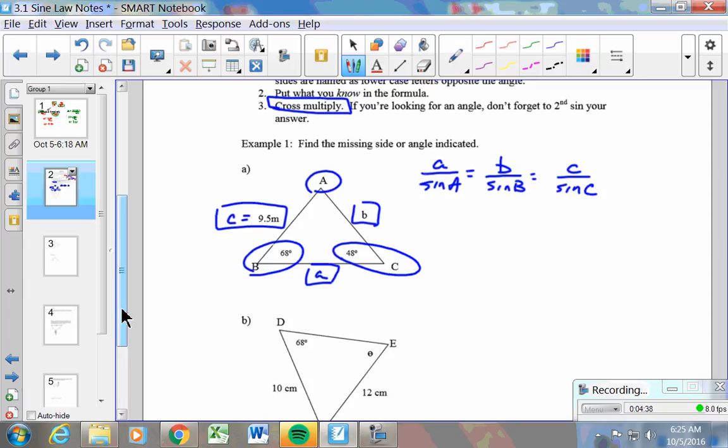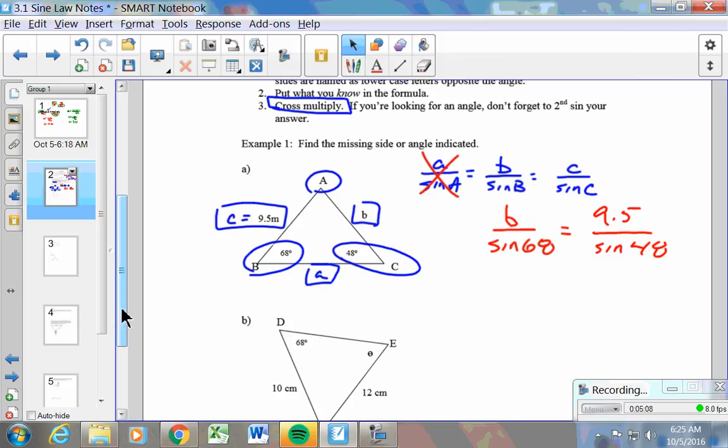We just want to work with b over sine B and c over sine C. So b is our unknown; we want to solve for b. For sine of B we put sine of 68. Then little c is 9.5, and sine of C is sine of 48.